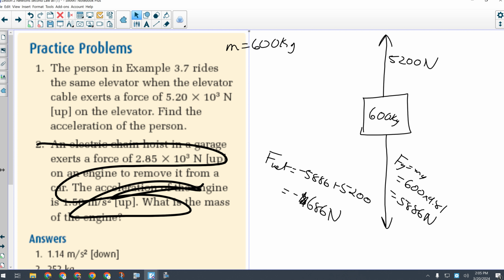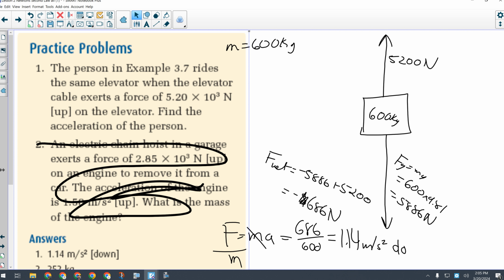Did I just do the vector sum of all forces part? I did. Now I can do the F equals m times a part. I know F net, so I just need to divide by the mass: 686 divided by 600 kilograms is 1.14 meters per second squared down.